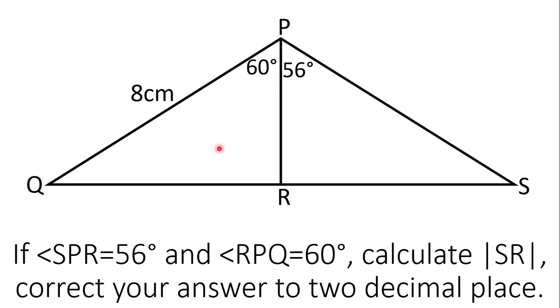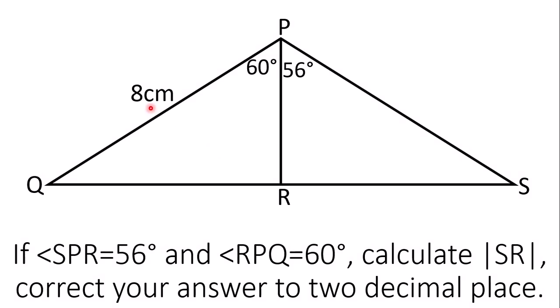Why? Because with the sine rule, you either need two sides of a triangle and an angle, or two angles and a side of a triangle. Any of these two will suit the sine rule.